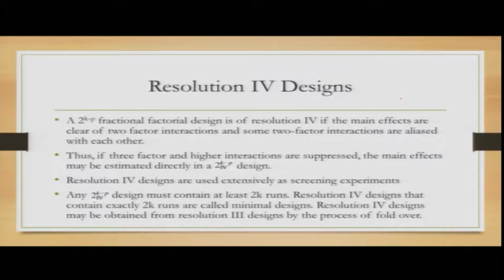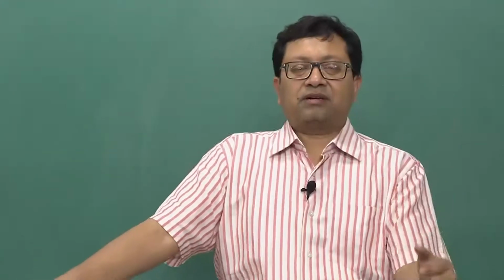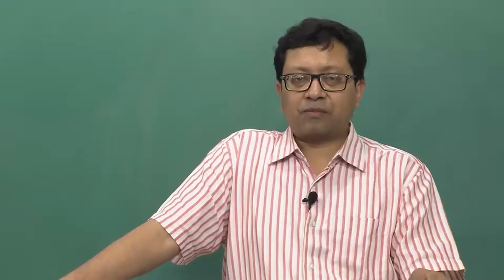Any 2 to the power k minus p resolution 4 design must contain at least 2k runs. So, obviously, it will mean that we are taking those combinations such that we have the minimum set of information available to us. Resolution 4 designs that contain exactly 2k runs are called minimal designs. So, this is the minimum number of runs we can have in order to get the effects described in the least number of combinations.